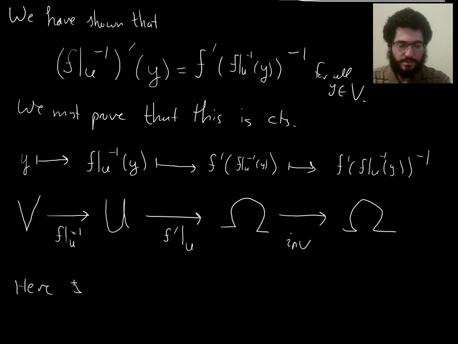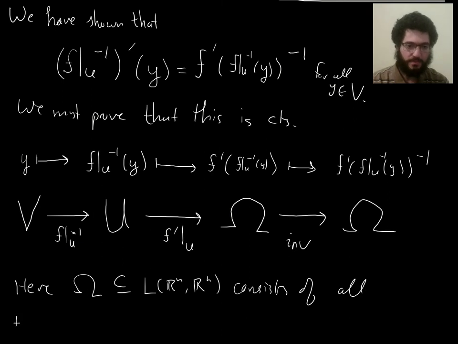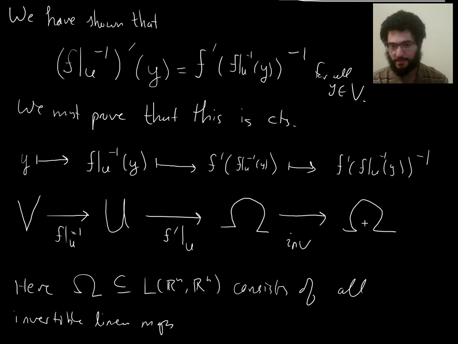Maybe I'll just say that it's a subset of L(Rn, Rn), consisting of all invertible linear maps. And inv is my name for the mapping from it to itself. The inverse of an invertible linear map is an invertible linear map, given by sending a linear map to its inverse.